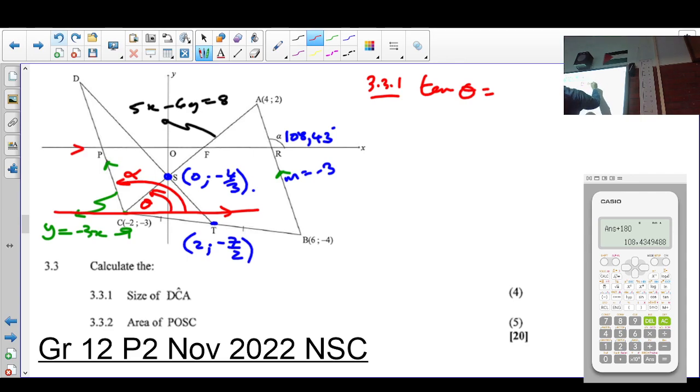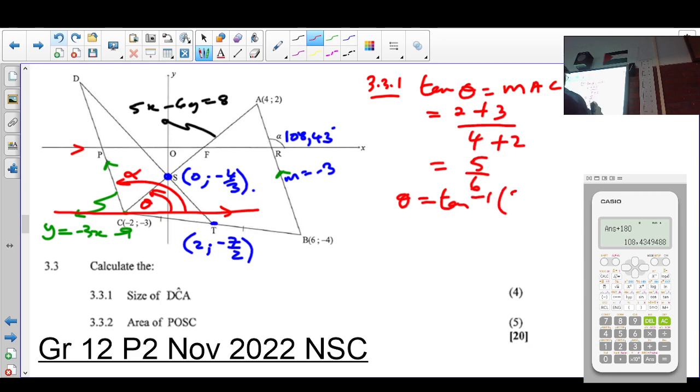So theta is equal to the arctan of the gradient of AC. To work out the gradient, I'm using these points now. It's going to be 2 minus 3 over 4 minus 2. So that will be negative 5 over 6, so arctan of 5 over 6 gives us 39.81.